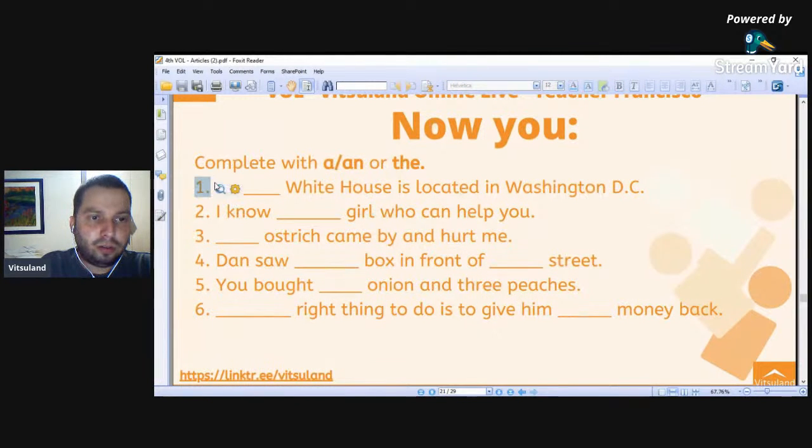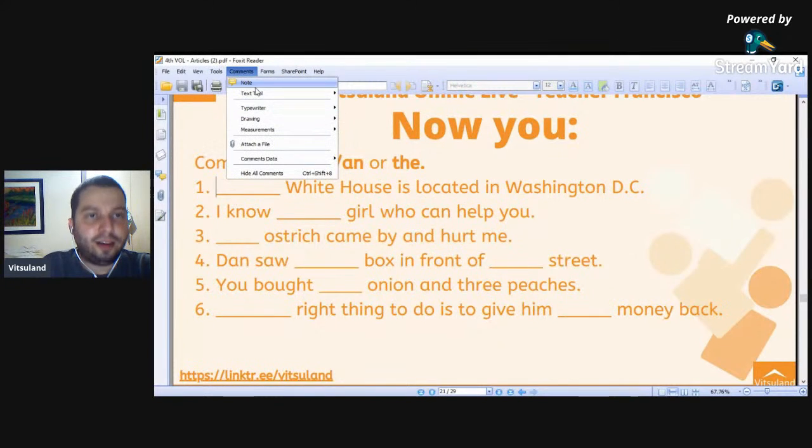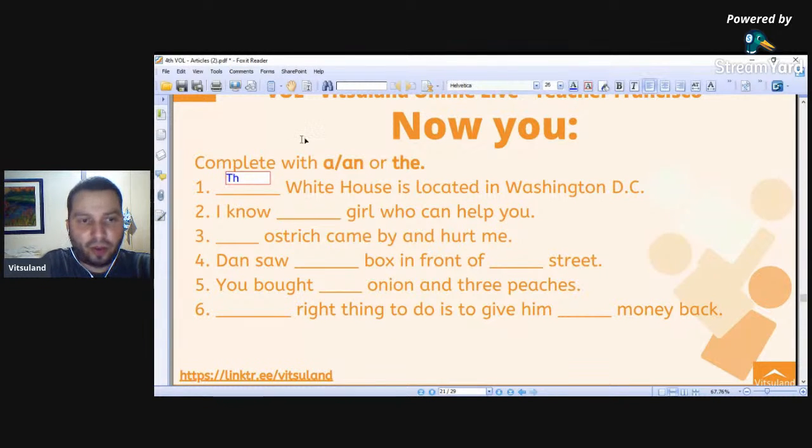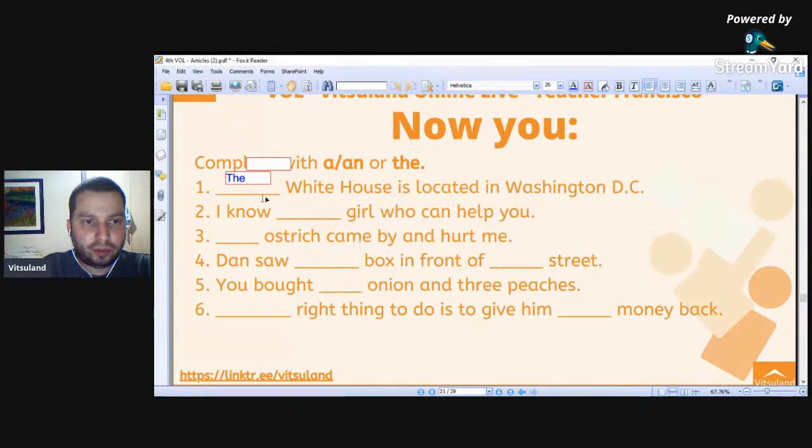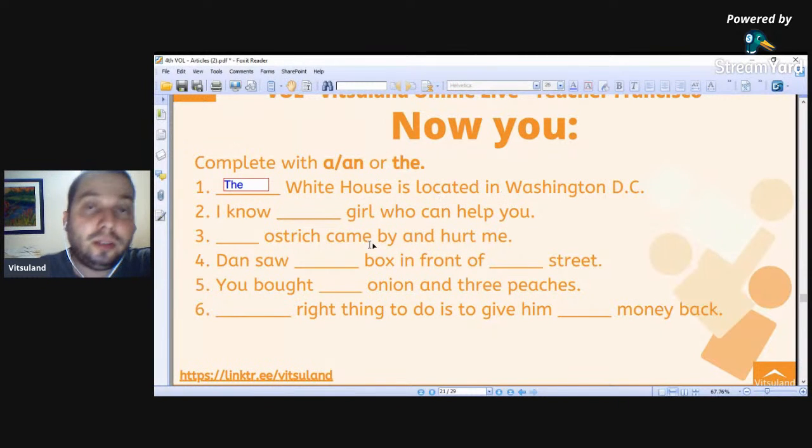No, I think I need to use another tool. Just a second. Text. Oh, comments. Yeah. Type right. Text box. This is it. So we use the White House. Oops. The White House is located in Washington, D.C., okay?